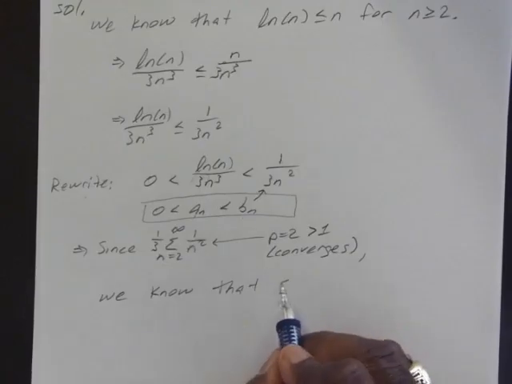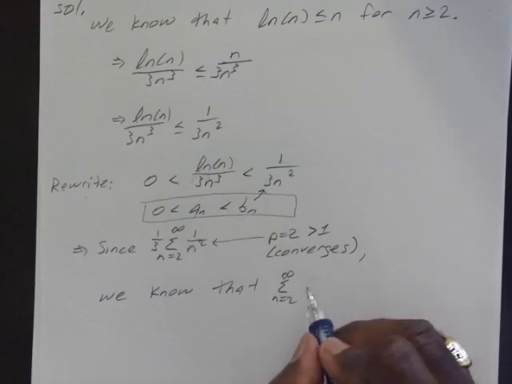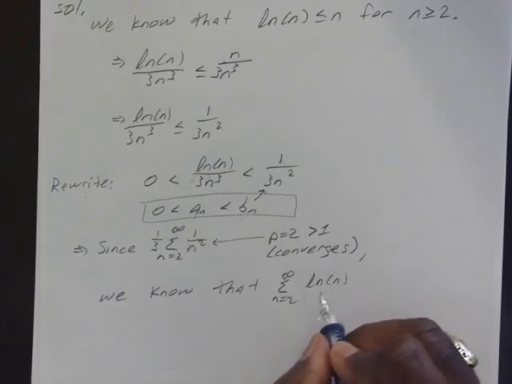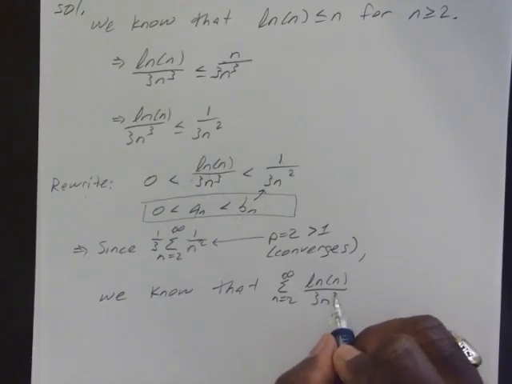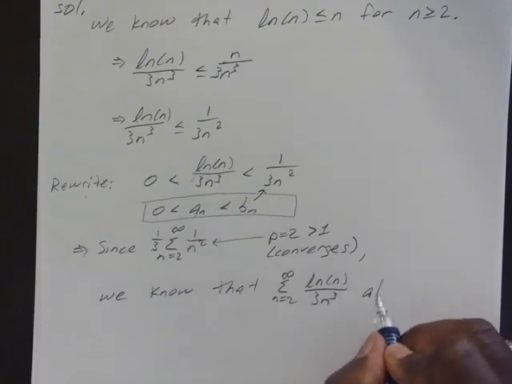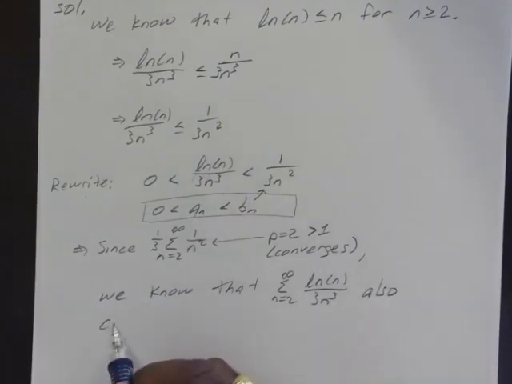So we know that the sum from n equals 2 to infinity of the natural log of n divided by 3n to the third power is also convergent.